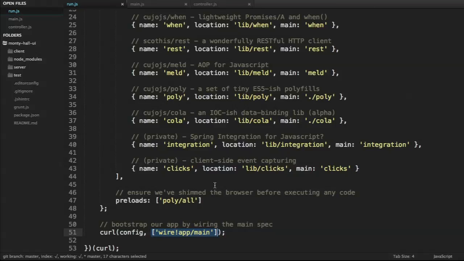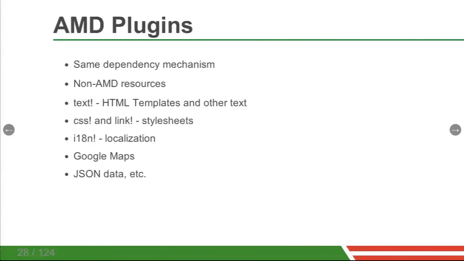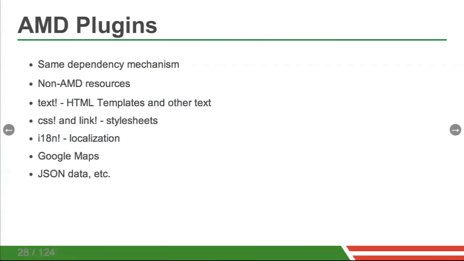It doesn't have to be a module ID, actually. It can be just about anything, depending on what your plugin understands. So basically, we're just saying configure curl, and then go execute this main module. And obviously, the main module gets everything else kicked in. So that's it.